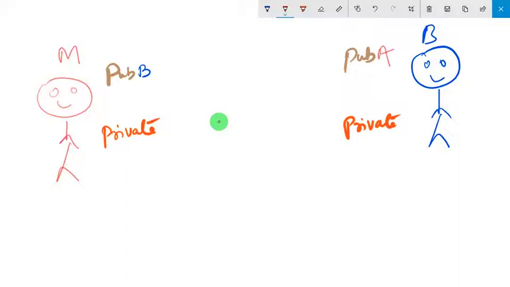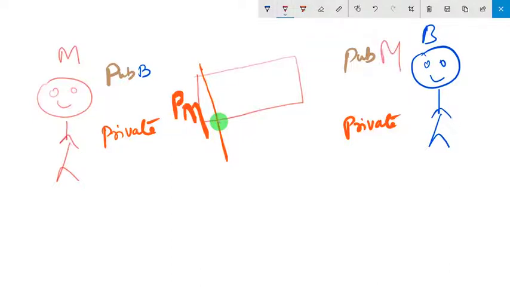He has the public key of B. Before sending the message, he will make sure that when B receives it, he will know the message was sent by M. So first, the message is encrypted by the private key of M. And if M encrypts the message with his private key, then the public key of M is available to all, so anyone can decrypt the message of M. So what will happen?